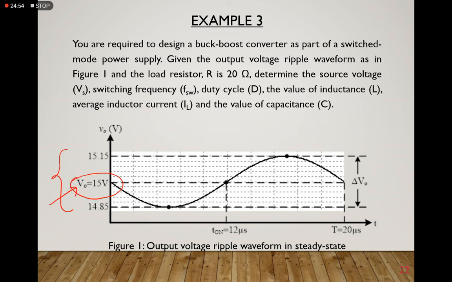This point is your V0 max, and this point is your V0 min. We have your T on here equal to 12 microsecond, and your T here equal to 20 microsecond. So these two pieces of information will help you find the value of your duty cycle.